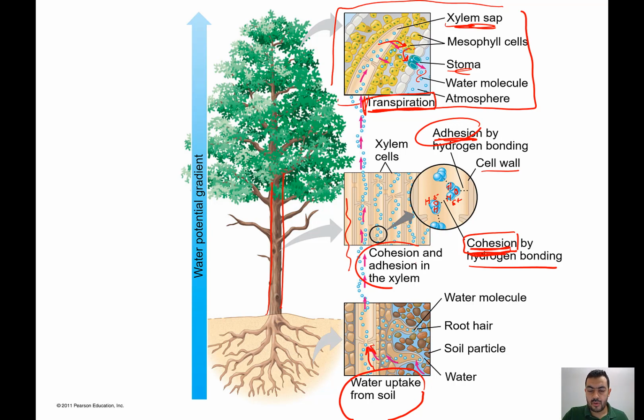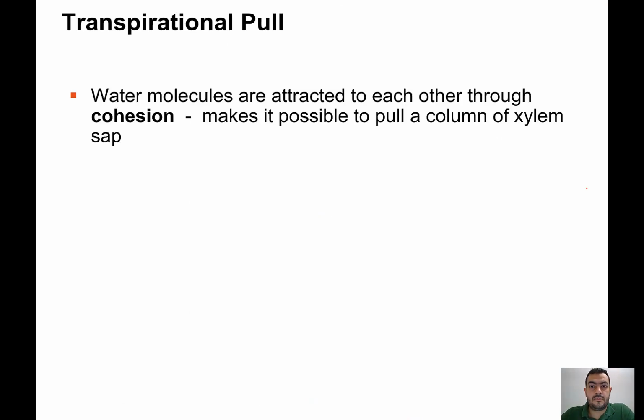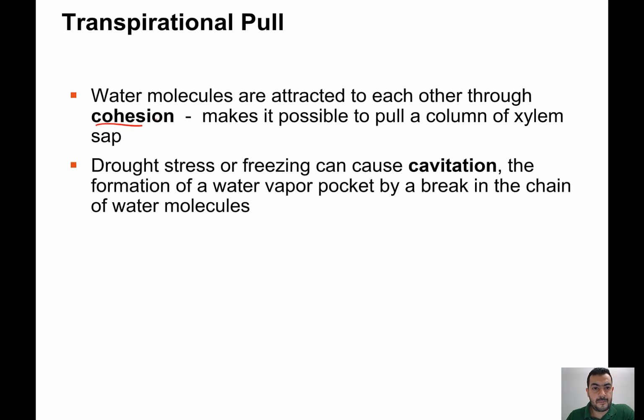This will be pulled by the transpirational pull, and it will be moving through the xylem vessels even in the very long plants, facilitated by the cohesion and adhesion. So here is the definition of the cohesion forces, and if you think that this will work perfectly, yes, it will work perfectly in most cases.